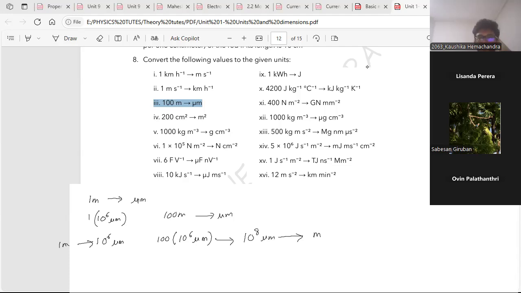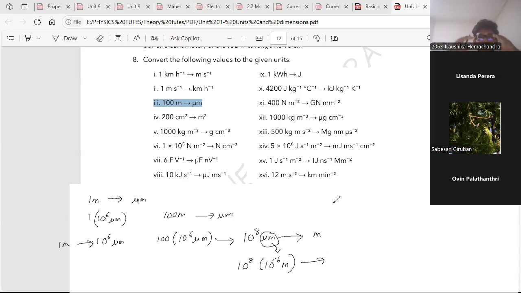When you convert 10 to the power 8 micrometers to meters, you take 10 to the power minus 6, because 1 micrometer is 10 to the power minus 6 meters.